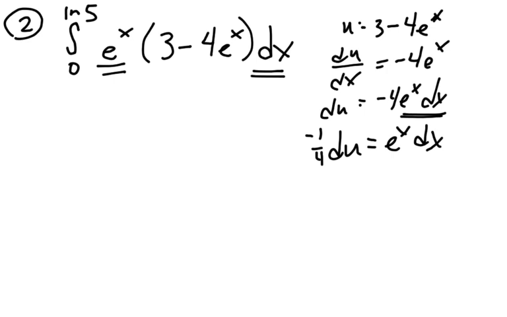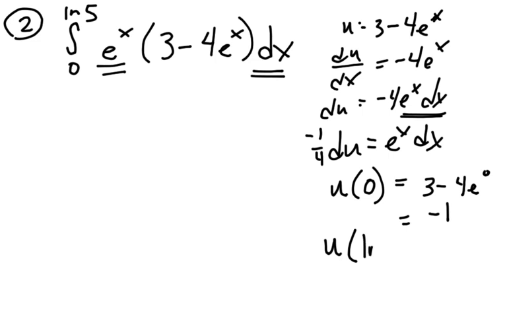And now we need to change our limits. U of the lower limit 0 is 3 minus 4 e to the 0 power, which e to the 0 is 1. So that's 3 minus 4, which is negative 1. And then u of the upper limit, natural log of 5, is 3 minus 4 e to the natural log of 5.